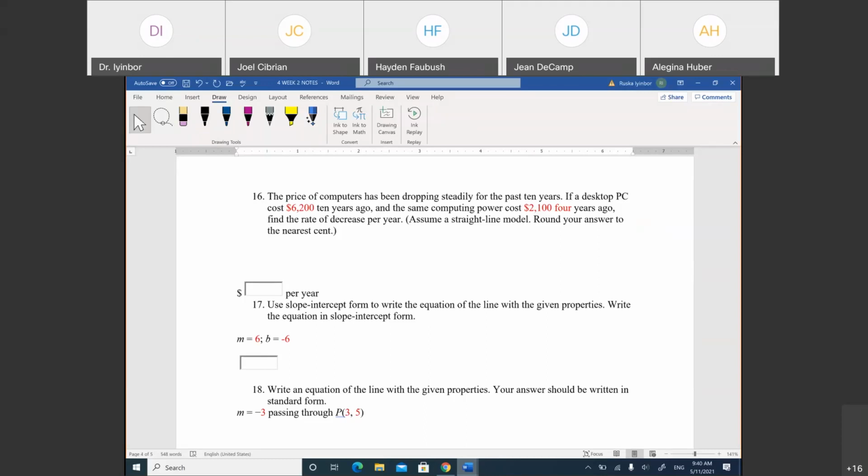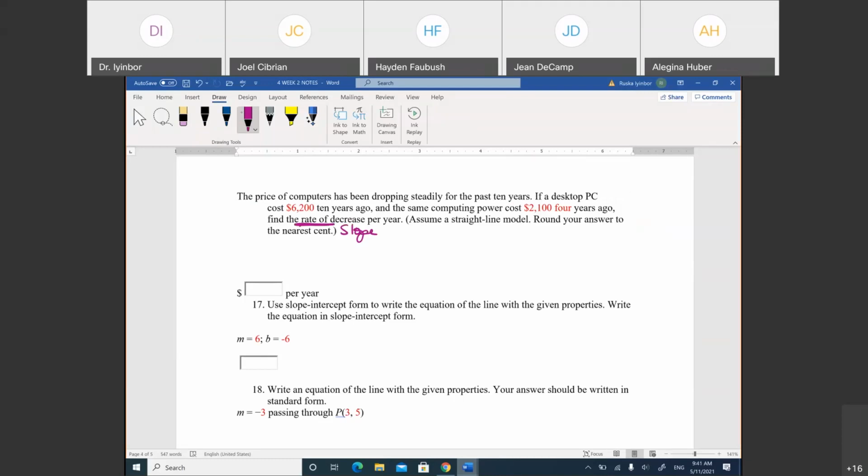So what that means, rate of change, rate of increase, rate of decrease, it's always the slope. Okay, so the rate always means the slope. So the question here is, what is the slope if you have been given the price and the years?